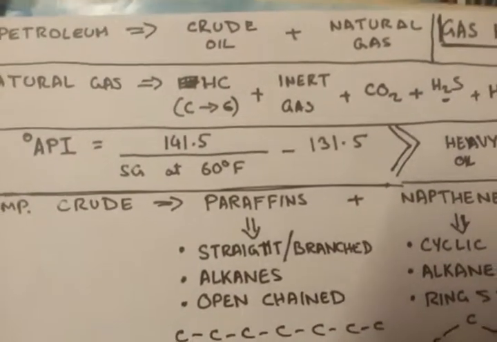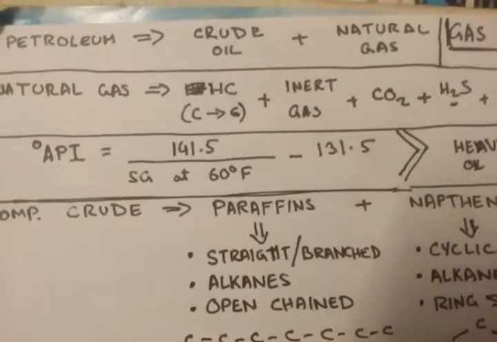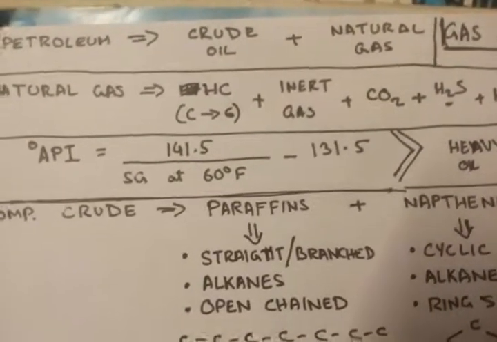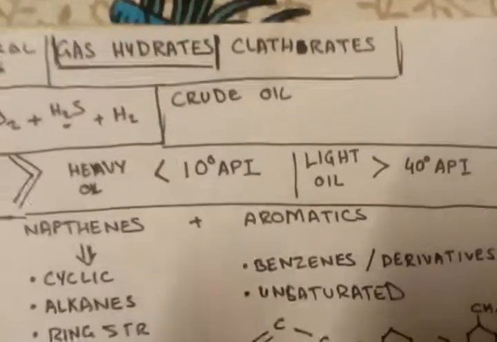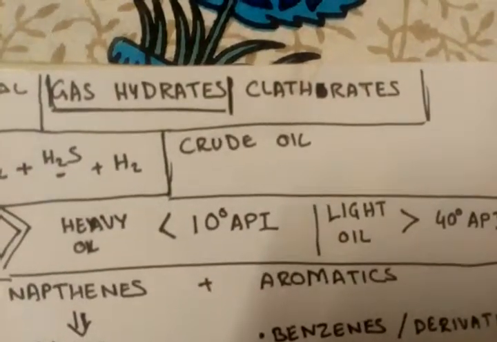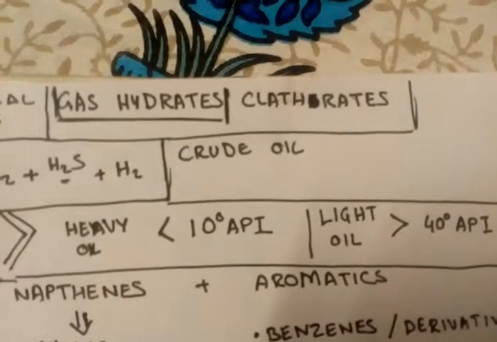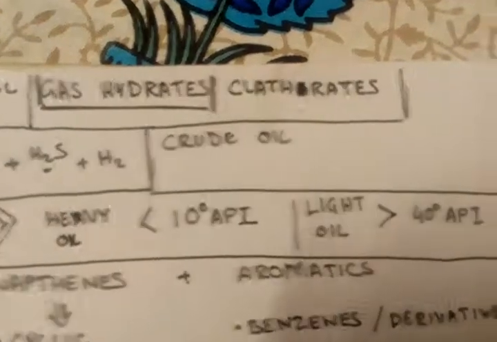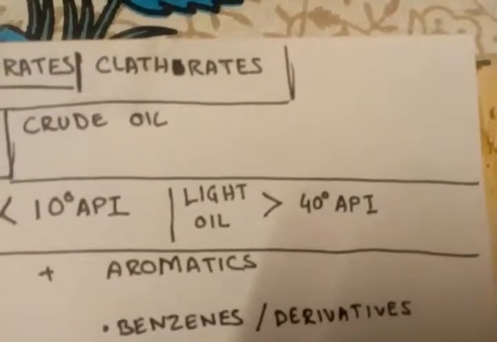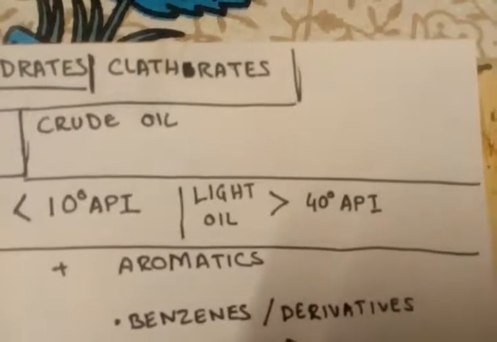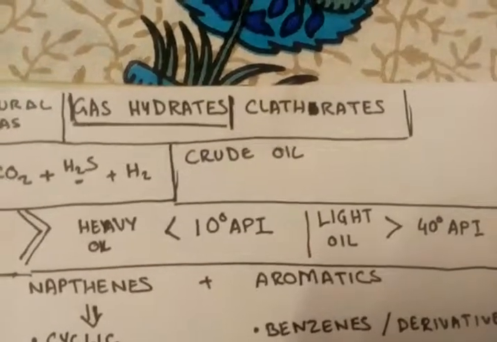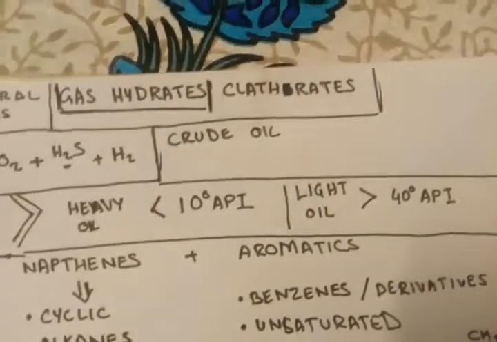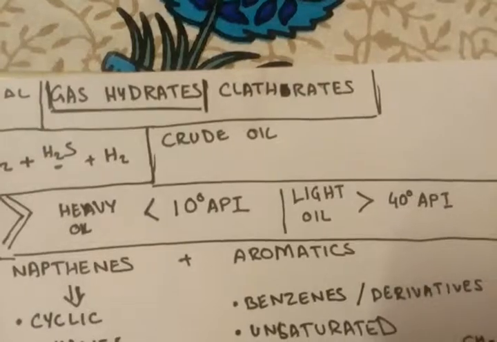So a heavy oil is supposed to have a low API, while a light oil should have a higher API. We classify oil as heavy or light on the basis that heavy oils have API less than 10 degrees, while light oils have API greater than 40 degrees. So API is always inversely proportional to specific gravity, which we should keep in mind while working with APIs.